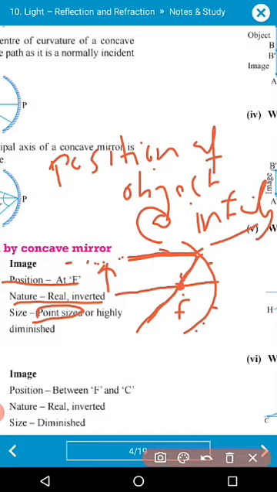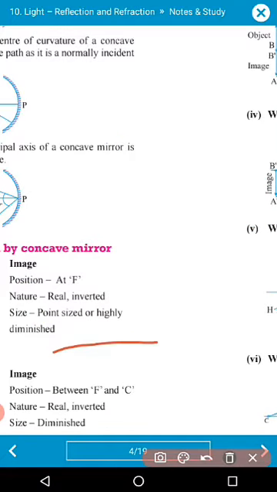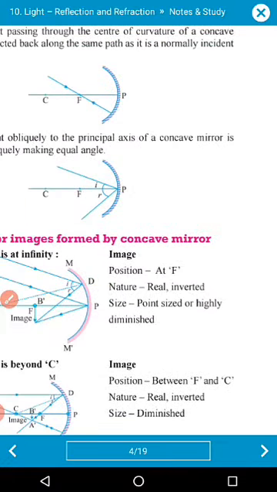When I put my object at infinity, the ray coming from that object strikes the concave mirror and intersects at a point on the principal axis. The image will form over here. This is called the principal focus. So when I put my object at infinite position, the image is formed at the principal focus.